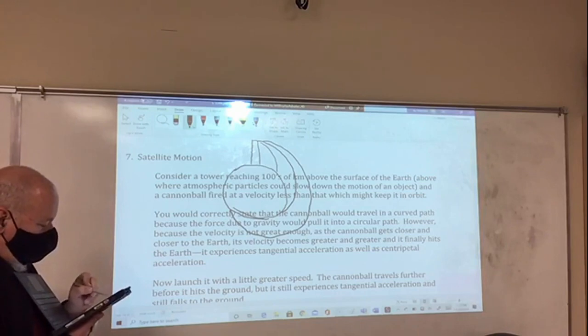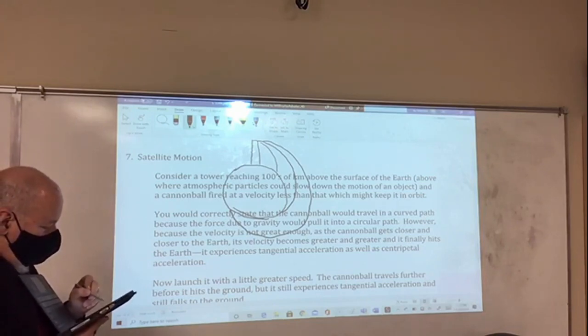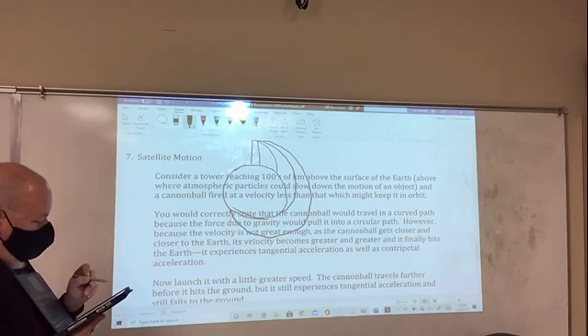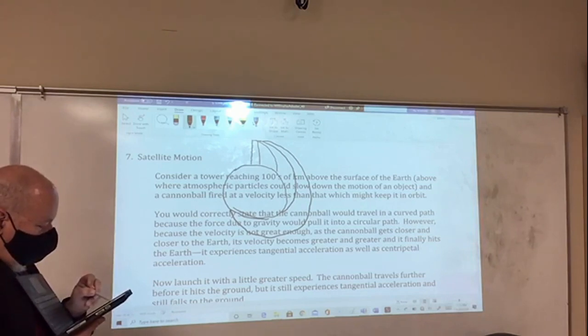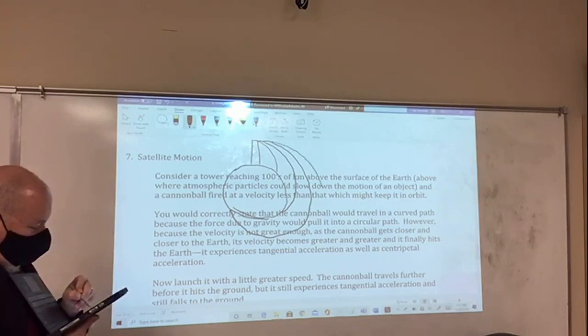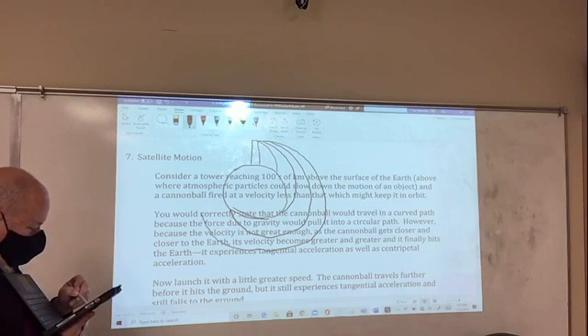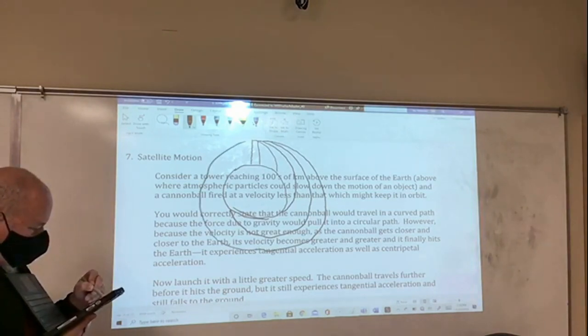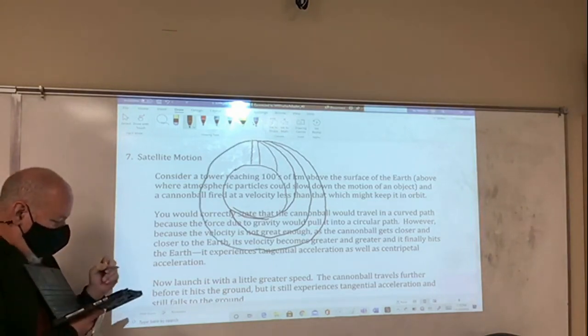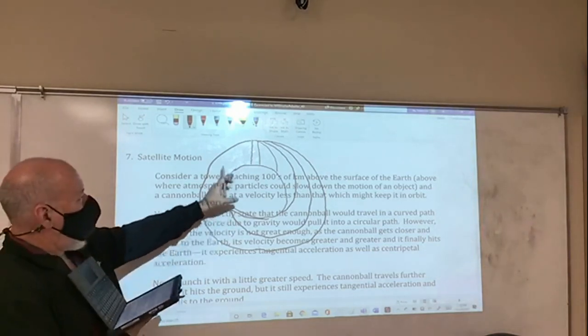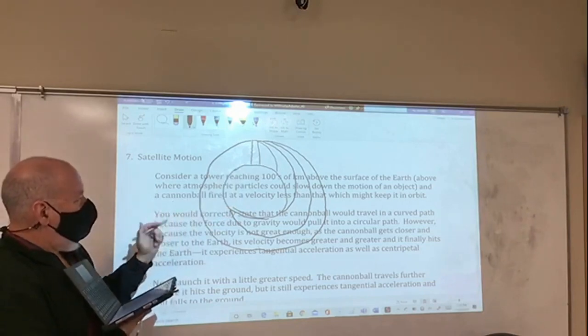But eventually, I'm going to fire it fast enough that as it's falling towards the surface of the Earth, because of the curvature of the Earth, it's going to stay in orbit. Okay? I run out of Earth to actually fall into.